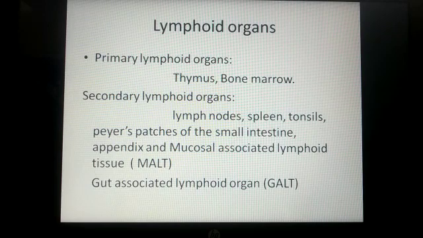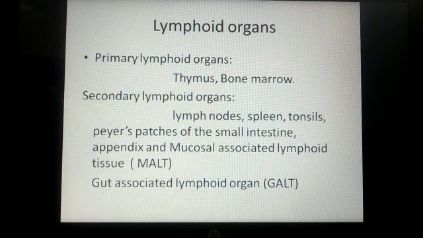Thymus and bone marrow are the primary lymphoid organs. Secondary lymphoid organs come next: lymph nodes, spleen, tonsils, Peyer's patches of the small intestine, appendix, mucosal associated lymphoid tissue abbreviated as MALT, and gut associated lymphoid tissue which is abbreviated as GALT.